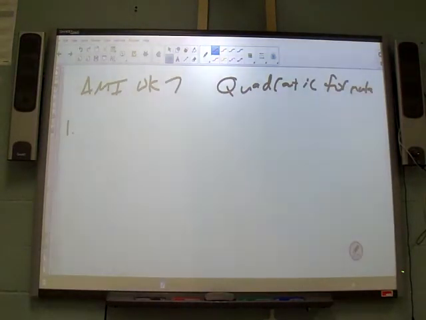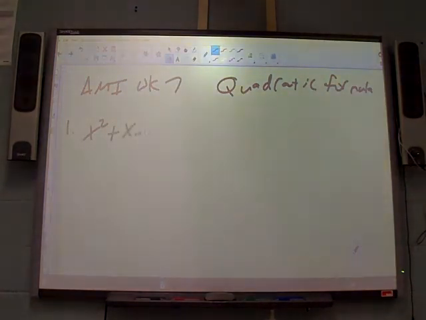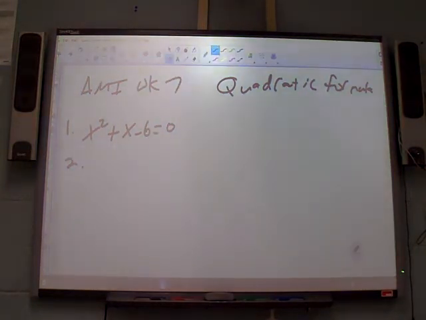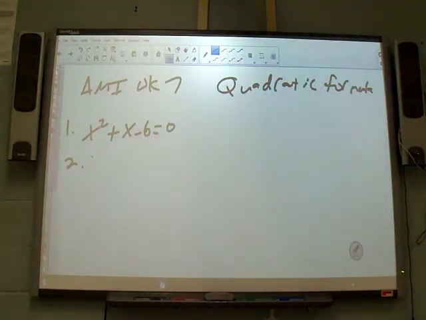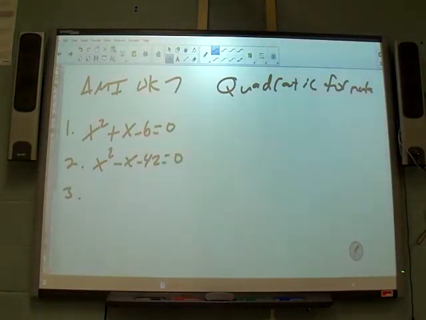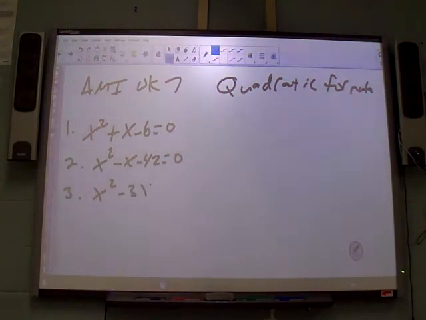Okay, number 1 is x squared plus x minus 6 is equal to 0. Number 2 is x squared minus x minus 42 is equal to 0. Number 3, x squared minus 3x minus 28.